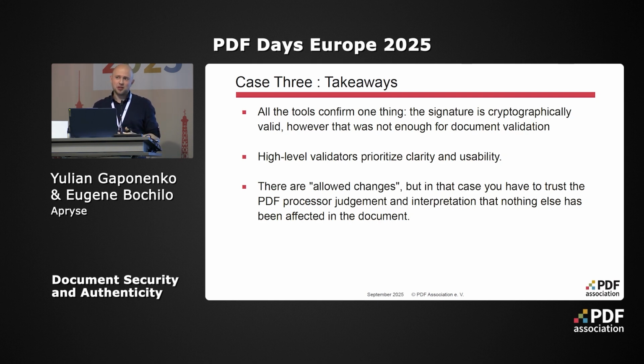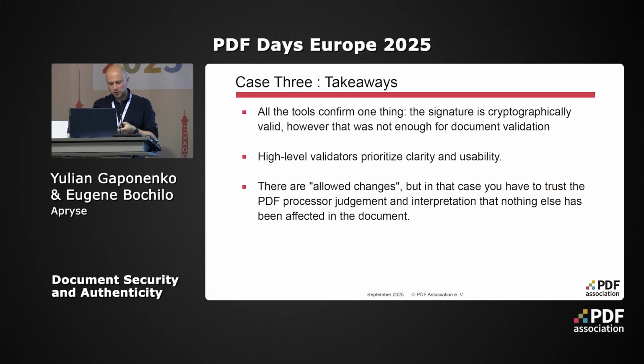It makes sense to me on one hand, because you don't want to overcomplicate things. It's a bit hard to say that, hey, the document was in fact modified, but don't worry, these are allowed changes. It's a bit hard to communicate.